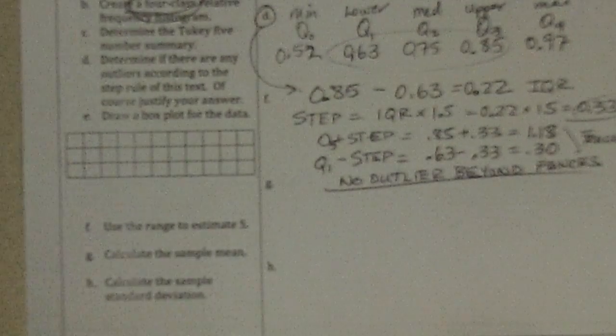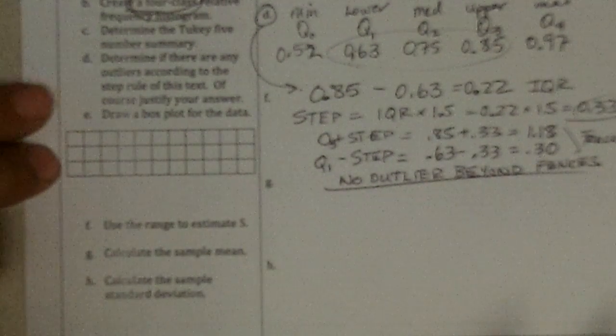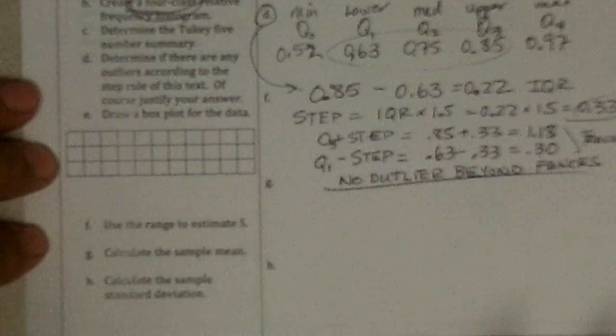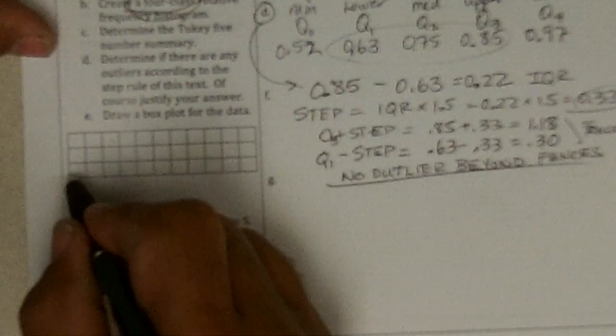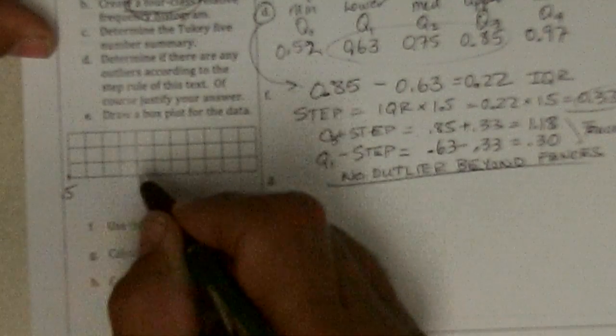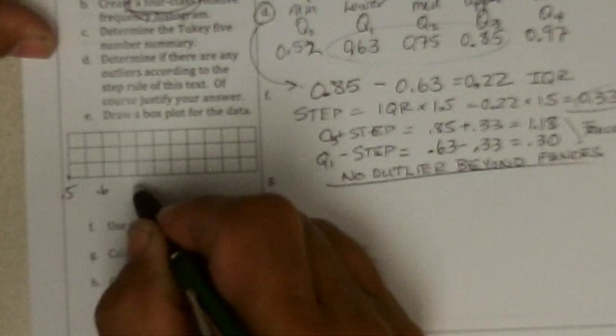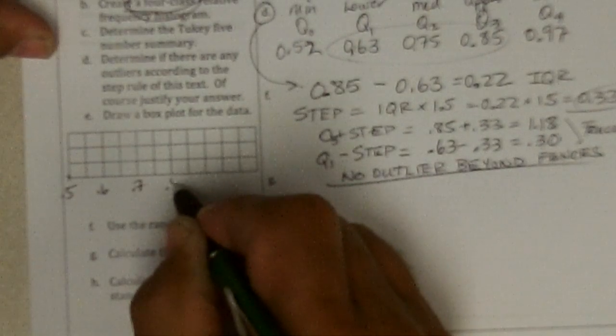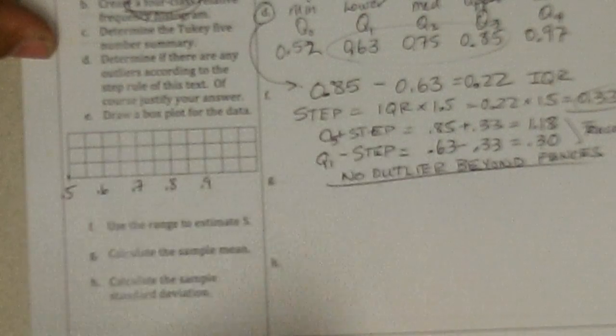Okay, so draw a box plot, E. So I'll start here with a 0.5, 0.6, 0.7, 0.8, 0.9.